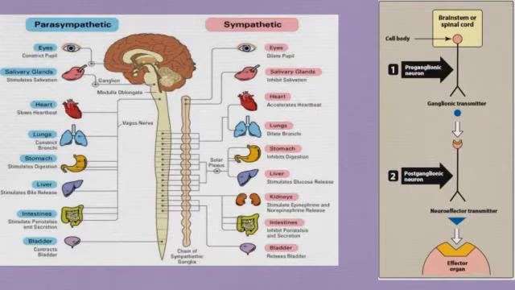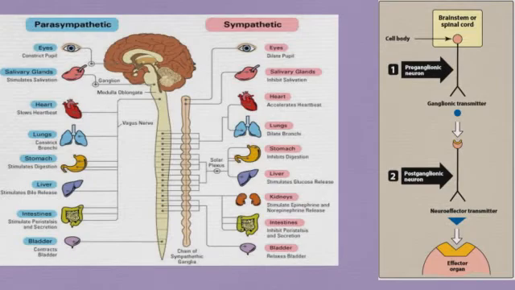Ultimately, the preganglionic neuron releases a transmitter, and the postganglionic neuron also releases a neuroeffector transmitter that attaches to the receptor on the effector organ and produces a function.